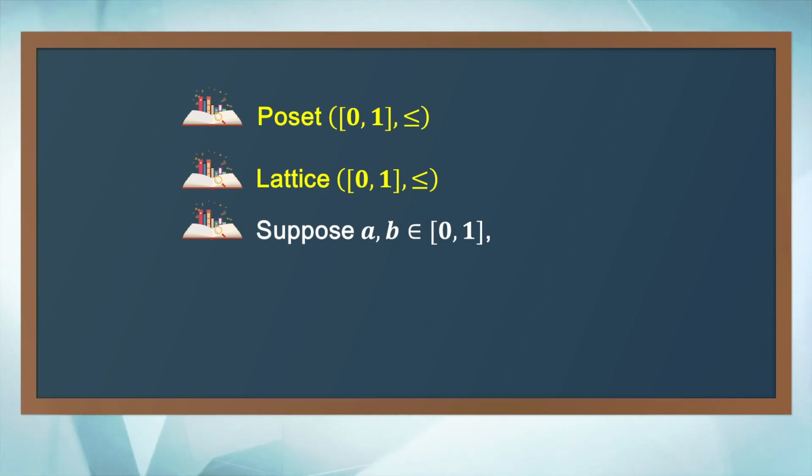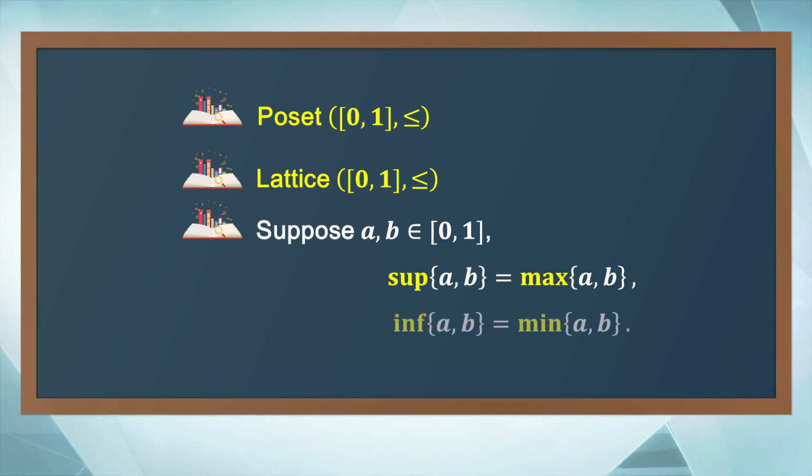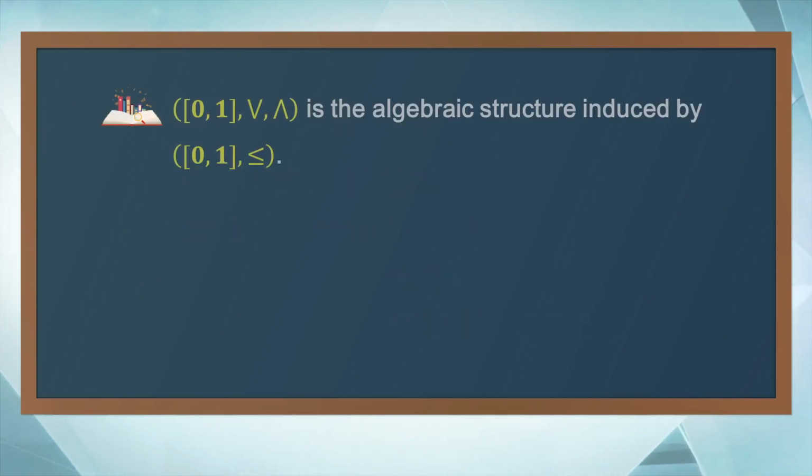Suppose A and B are two real numbers in the closed interval from 0 to 1. The supremum of A and B is the same as the maximum of A and B. The infimum of A and B is the same as the minimum of A and B. So it is a lattice. And this is the algebraic structure induced by this lattice.